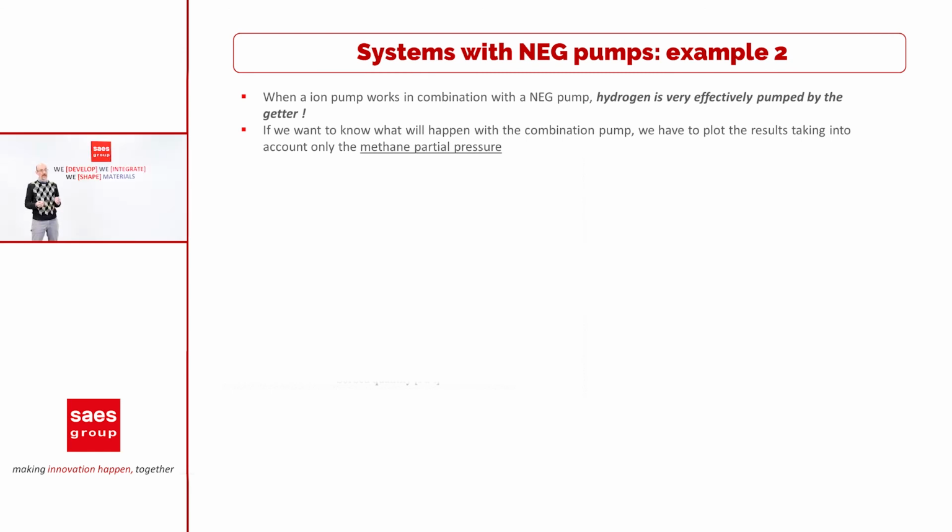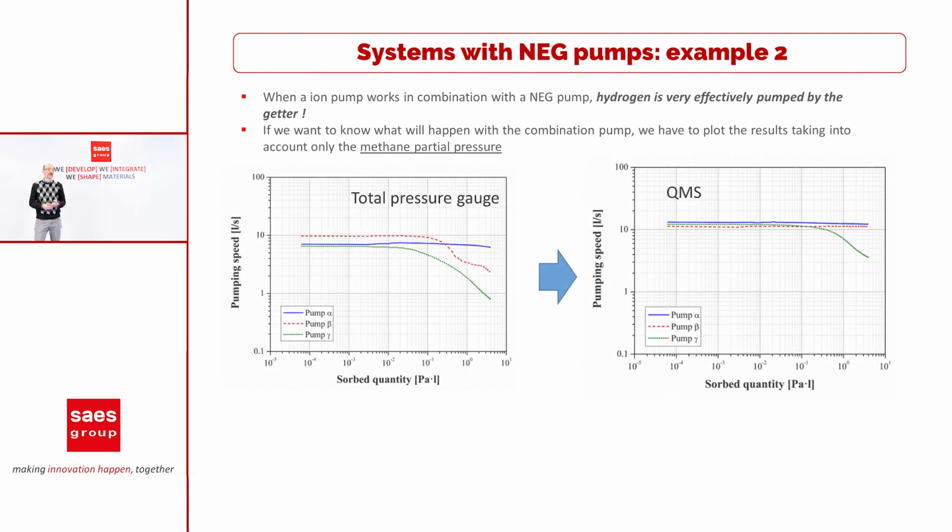When an ion pump works in combination with a NEG pump, hydrogen is very effectively pumped by the getter. So, if we want to know what will happen with the combination pump, we have to plot the results taking into account only the methane partial pressure. This is what we get, and it is completely different from the previous plot.